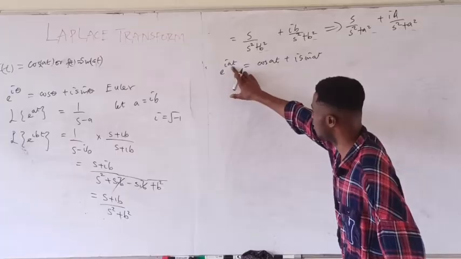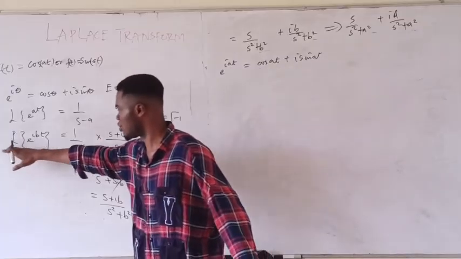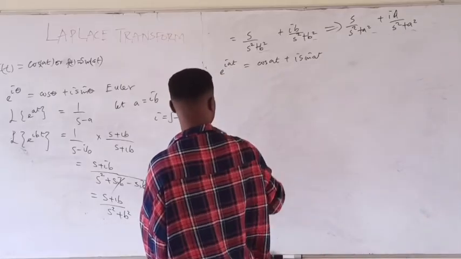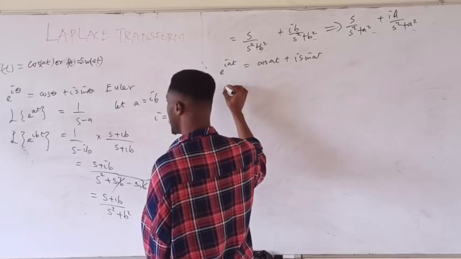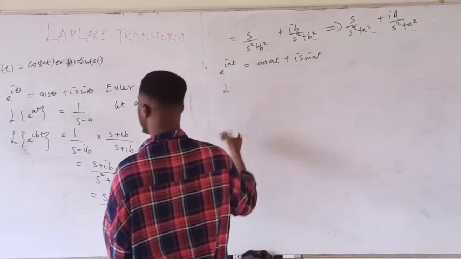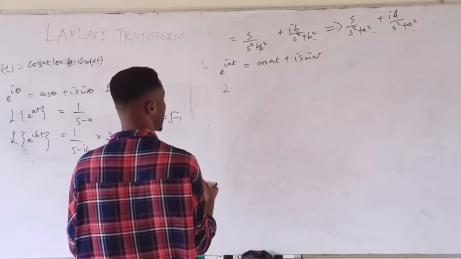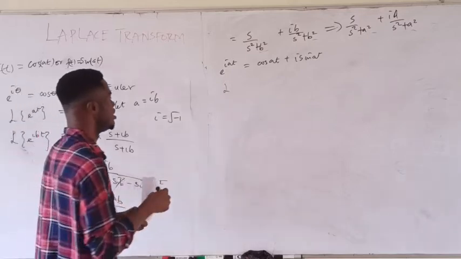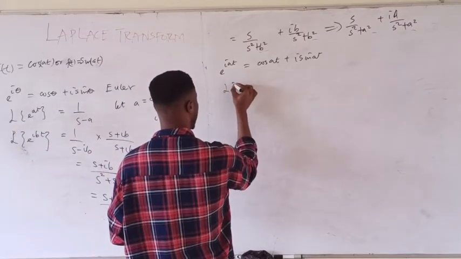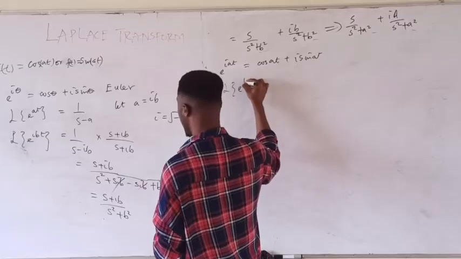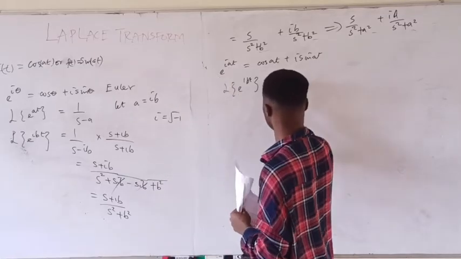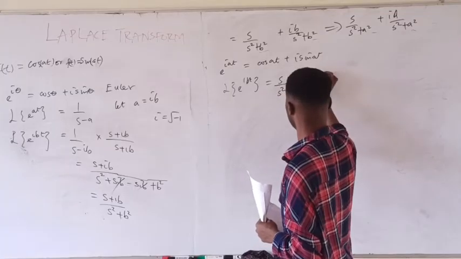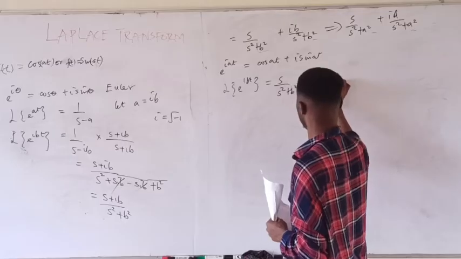So since the Laplace of exponential of IAT is equal to this and the Laplace of IBT is equal to this, that means the Laplace of either cos AT or sin AT is equal to the Laplace of exponential of IBT, and this is equal to s over s squared plus b squared plus ib over s squared plus b squared.